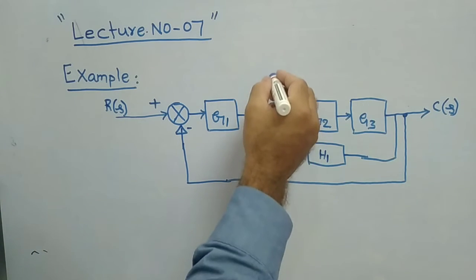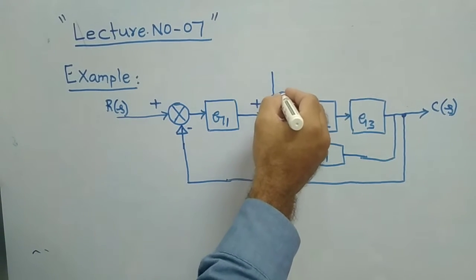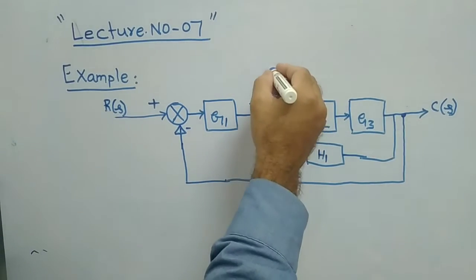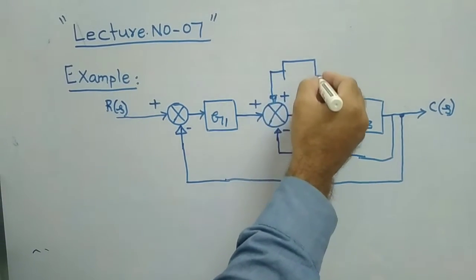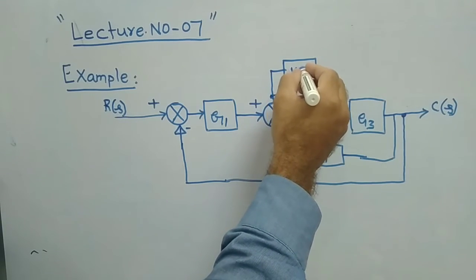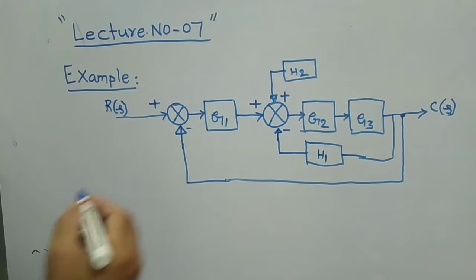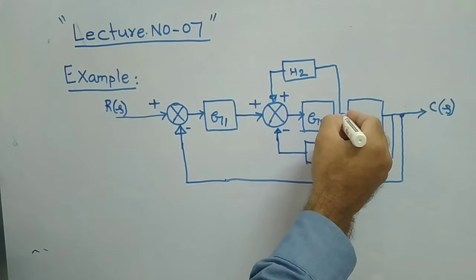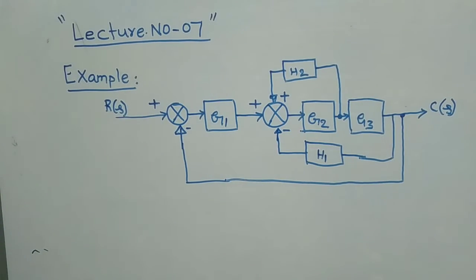And you have one more feedback element with positive feedback, H2, which is connected after G2.